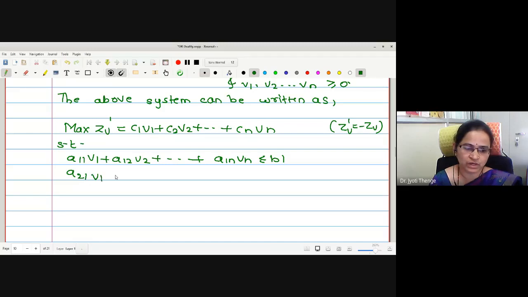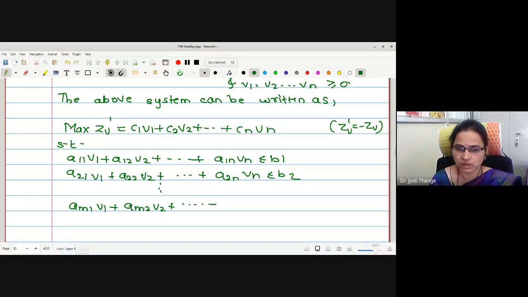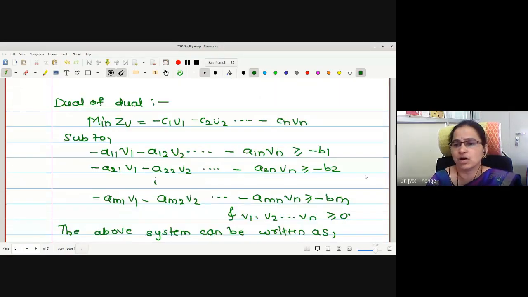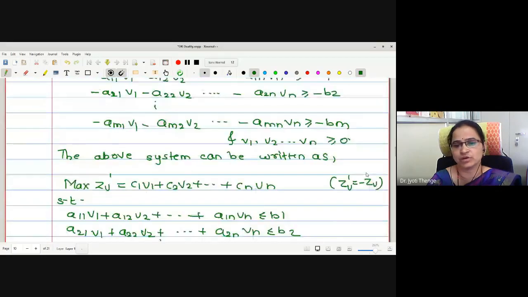A21 v1, A22 v2 up to A2n vn less than or equal to b2. Similarly, Am1 v1, Am2 v2 till Amn vn less than or equal to bm, and all v1, v2 to vn are non-negative. Call this system of equations number 4.